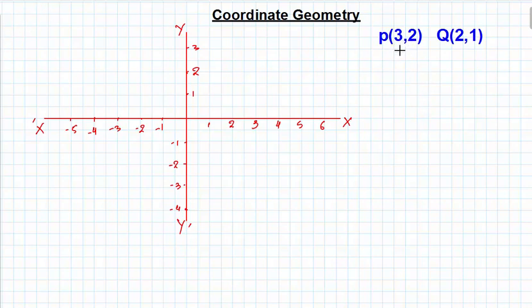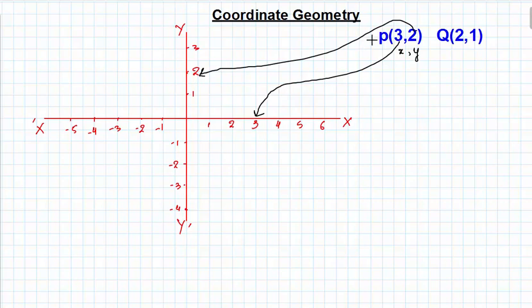This 3 is actually the x coordinate and this 2 is the y coordinate. It means that P with 3 means the point 3 on the x-axis, here is 3, and this 2 means the point 2 on the y-axis, positive, here is 2.